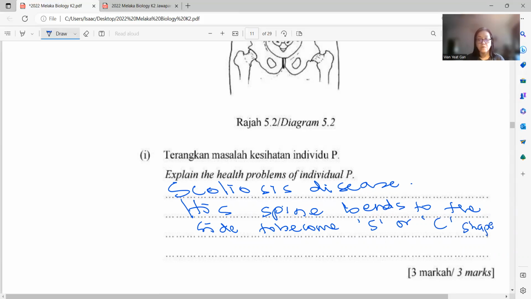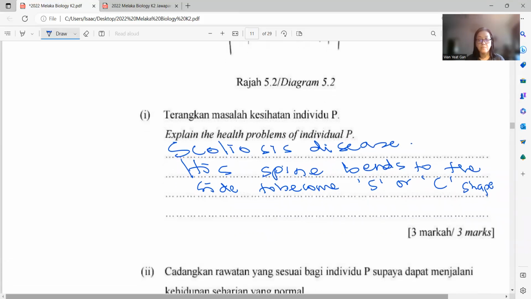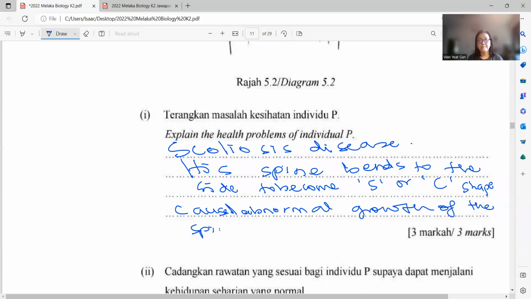Okay, so this can be caused by abnormal growth of the spine during puberty.